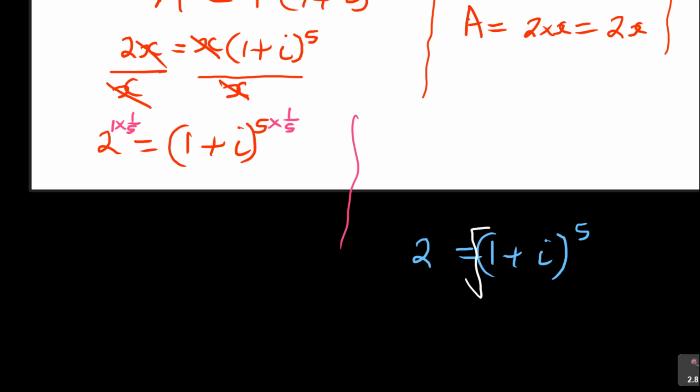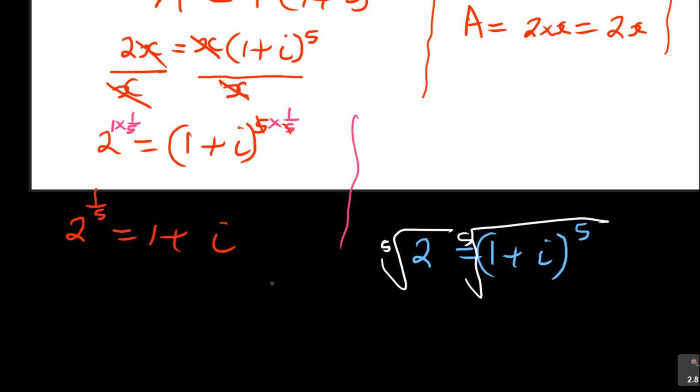It's up to you. That's how you get rid of that 5. So you've got 2 to the exponent 1 over 5 is equal to 1 plus i.